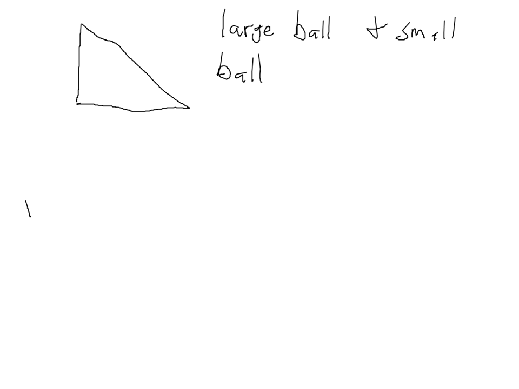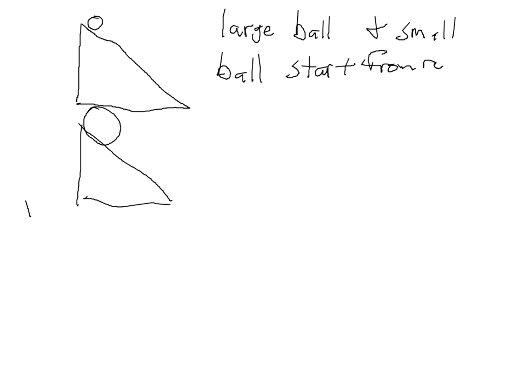Both start from rest at the top of the hill. So there's one, and then we have an identical hill, and there's a big ball at the top. Okay, they both start from rest on identical hills.